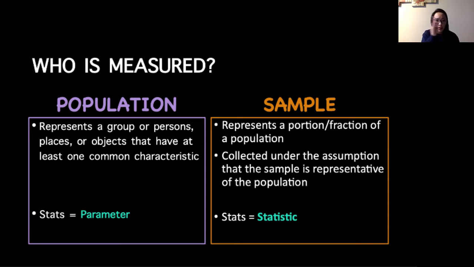They still share at least one common characteristic, and when we collect a sample, we typically assume that the people we have are representative of that population. The mathematical calculations we run on that sample are statistics. That's why statistics is called statistics, because we're often working off of samples. So parameter, population, statistic, sample.